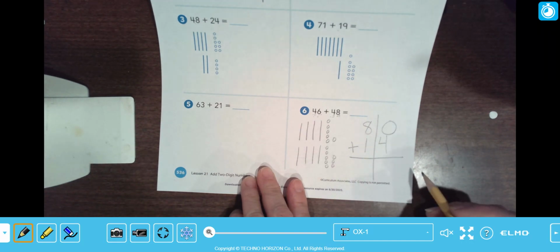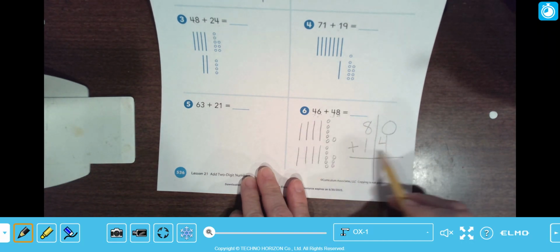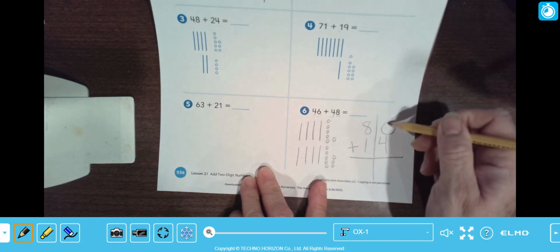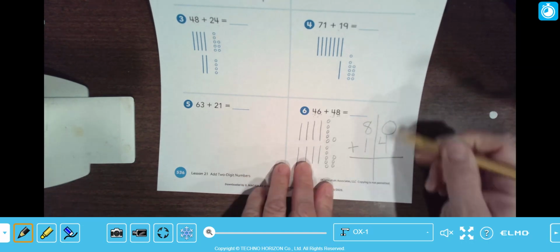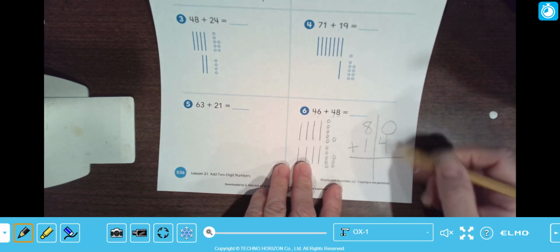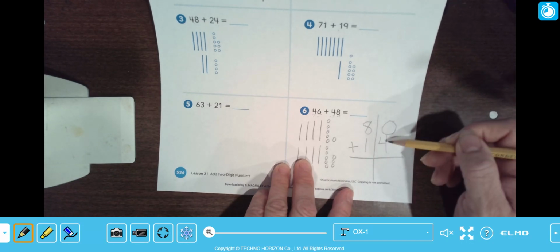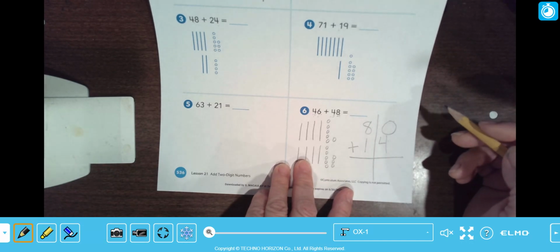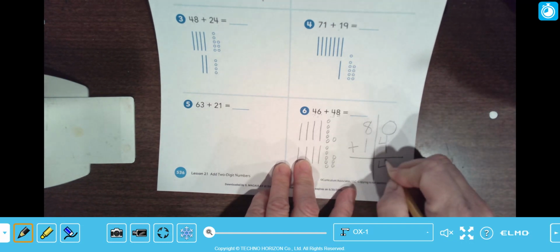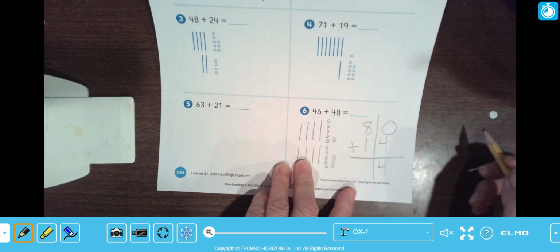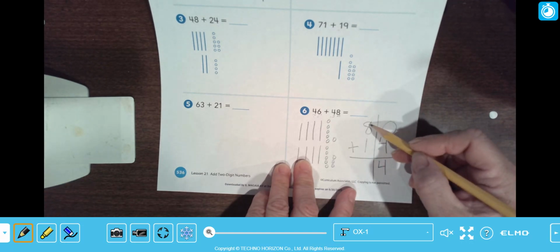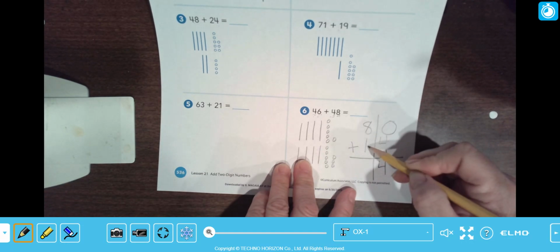Okay, so let's add up the tens and the ones. Let's put them together. We're going to start with the ones side. Always start on this side. Okay, always. 0 plus 4. It's 4, right? Let's write that down. Okay, now the tens. 8 tens plus 1 ten.